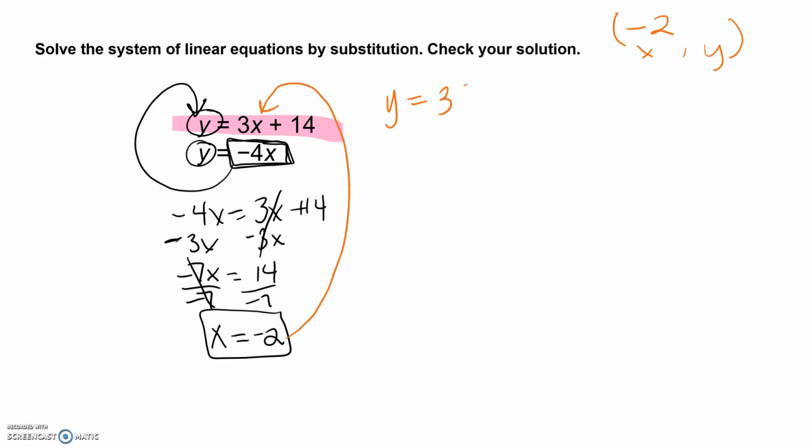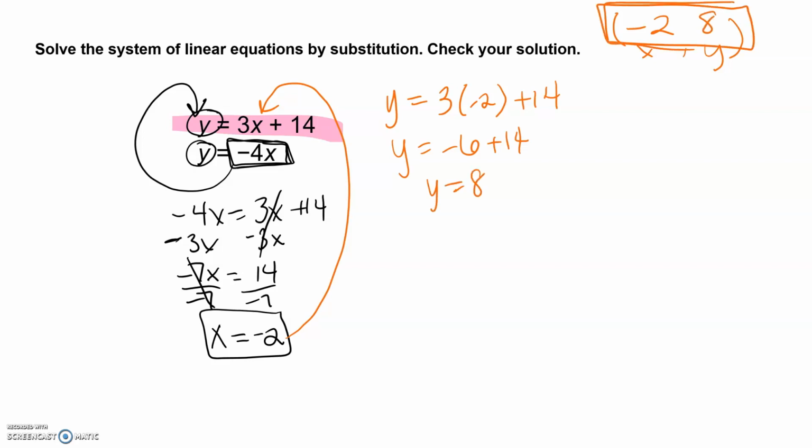So I have y equals 3 times negative 2 plus 14. Okay, so now I'm going to simplify: y equals negative 6 plus 14. Combine those two numbers together and I get y is 8. So my answer is the point (negative 2, 8).